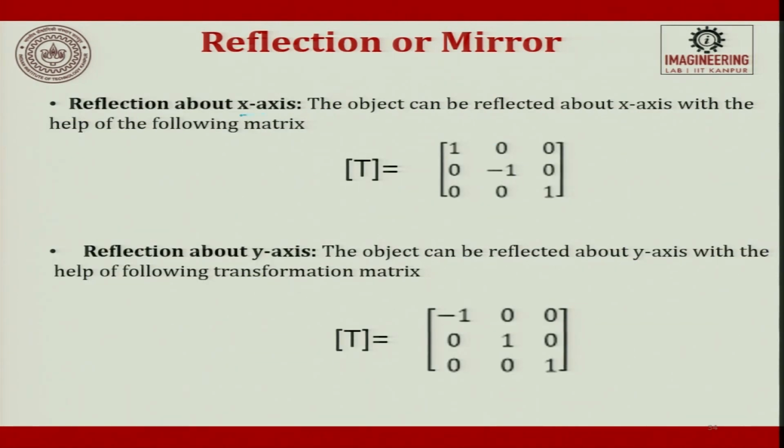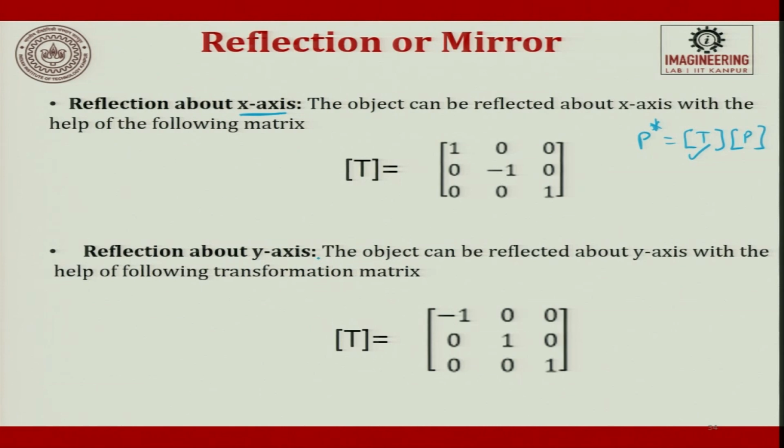So, for reflection about x, the object can be reflected about the x axis with the help of the following matrix. Now, it is very clear P star is nothing but the transformation matrix into P. So, rather than getting into all the trouble, let us start looking at the transformation matrices. If the transformation is about the x axis, you will have 1 and minus 1 here.